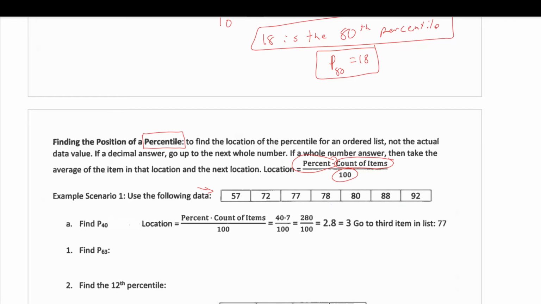All right, so that's the 40th percentile. We take that 40, multiply by the count of items here. We have 1, 2, 3, 4, 5, 6, 7. So that's how we get 7. You get 280 divided by 100. You get 2.8. And you're always going to round up, in this particular case, to the next whole number.